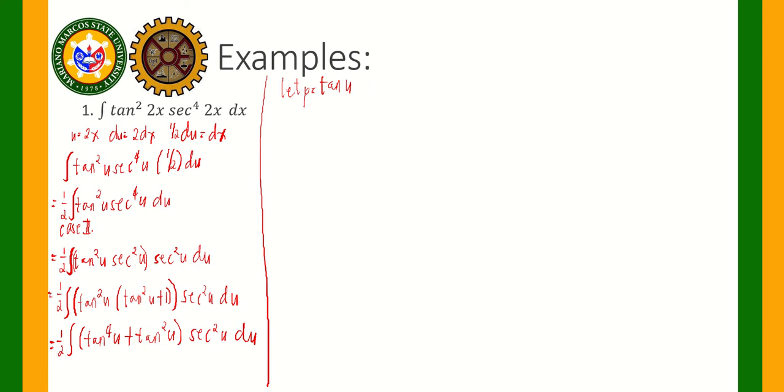So our dp will be equal to the derivative of tangent u, that is secant squared u du. So this will be equal to 1/2 times the integral of p raised to 4 plus p raised to 2, and secant squared u du is our dp.